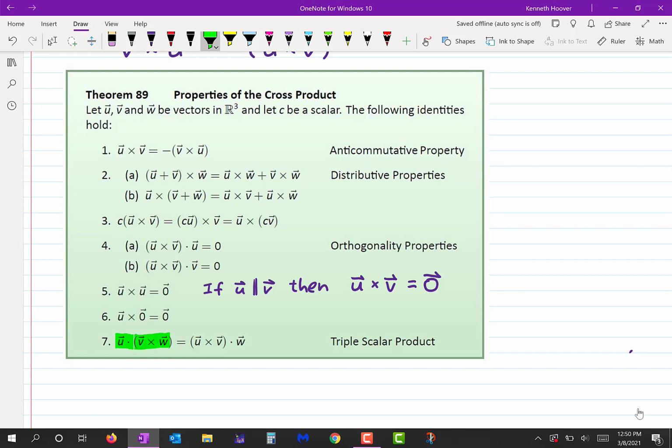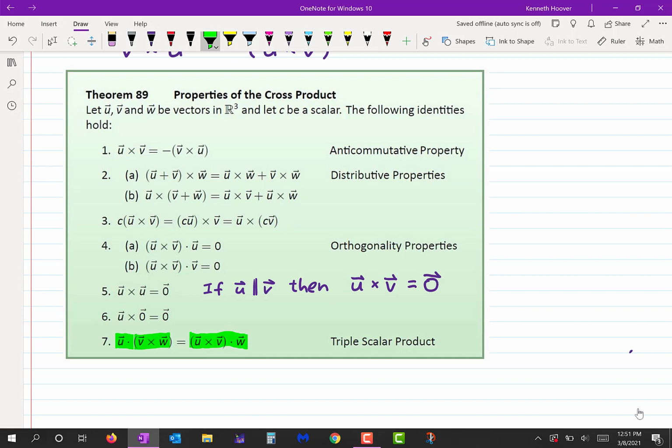It's easy to see why it's called a triple product. Why is it called a scalar triple product? Because that's a vector and this is a vector, and when you do the dot product of two vectors you get a scalar. Okay, and what this formula is telling us is that it actually doesn't matter where you put the dot and the cross. You'll get the same answer either way.